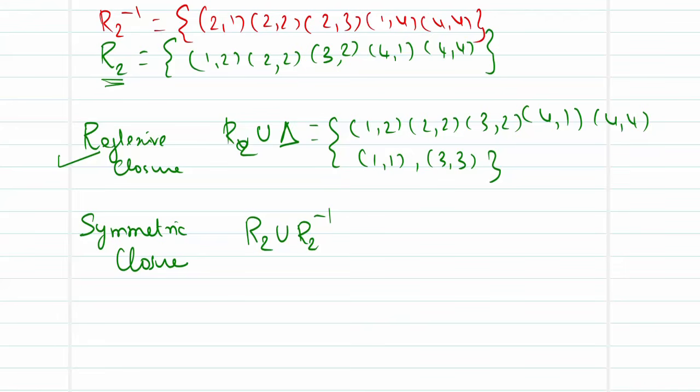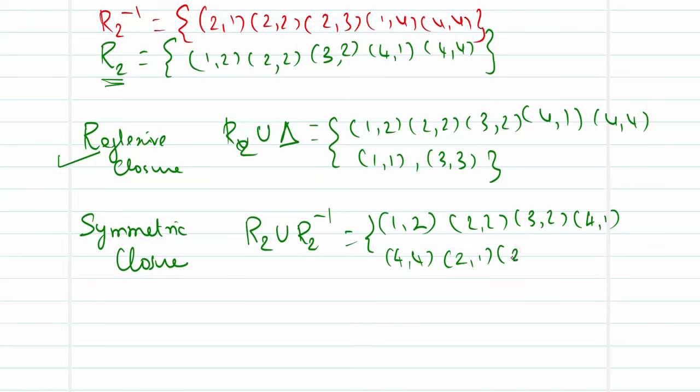Now let us take the union of these elements, which is got by (1,2), (2,2), (3,2), (4,1), (4,4), the base of R2, and its inverse flipped (2,1). (2,2) is already there, so we ignore it. (2,3), the flip of (3,2), (4,1)'s flip, which is going to be (1,4), and (4,4)'s flip is already there. Now all the inverses of the elements present are inside this new relation, and hence we call this a symmetric closure.